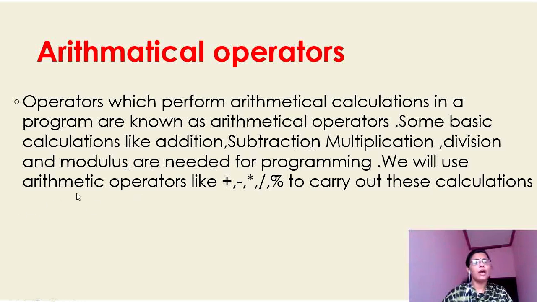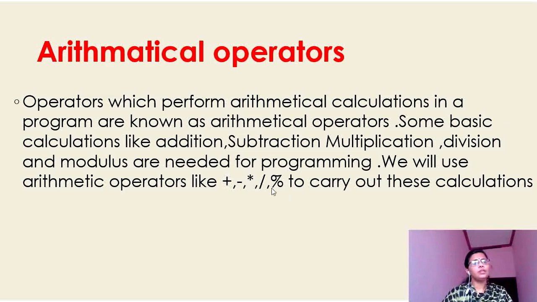We use arithmetic operators like plus for addition, minus for subtraction, asterisk, not into, we call it asterisk, for multiplication, a slash for division, and a percentage symbol which is used for modulus. What does modulus do? Modulus gives you the remainder.